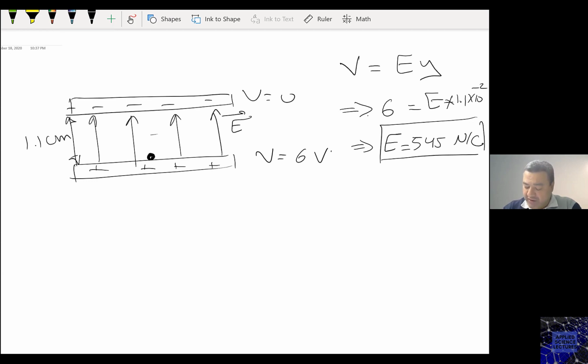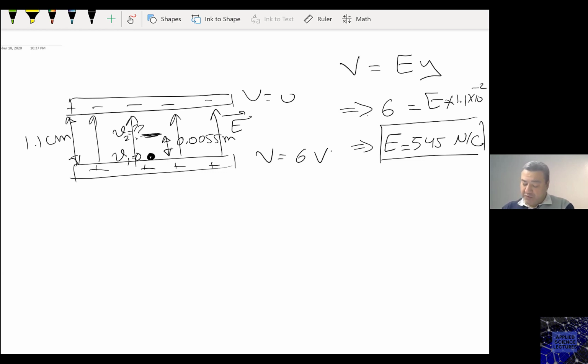So right here, halfway across the region, we have V1 equals 0. We need V2 right here at a distance of 0.0055 meter, which is half.